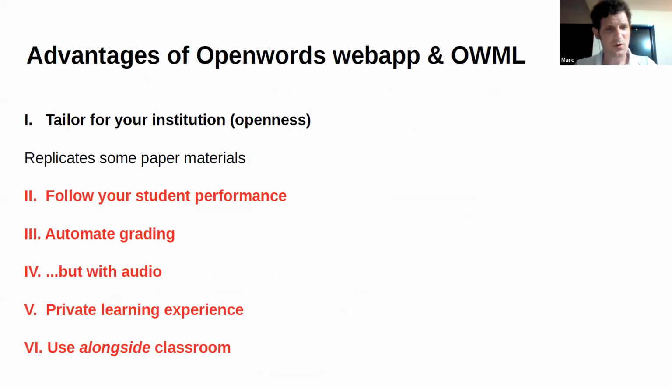And a lot of the advantages that I'm going to list here replicate paper, okay? And that's not bad. But it has maybe additional value that comes from the technology itself, rather than us being super innovative, right? So yes, you can follow your student performance.